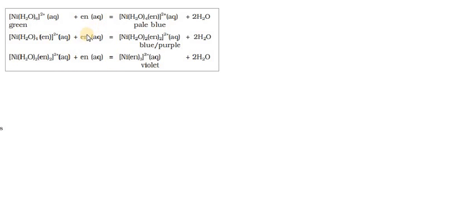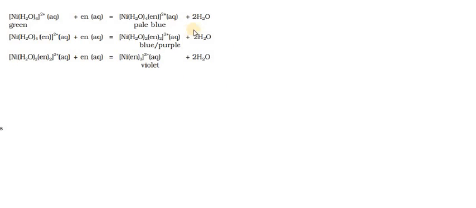When you add another mole of ethylene diamine, the solution turns purple. And then if you replace all the water molecules with an extra 1 mole of ethylene diamine, it gives a violet color. So by subsequent addition of 1:1, 2:1, 3:1 ethylene diamine, the stronger ligand, the color changes from pale blue to violet.